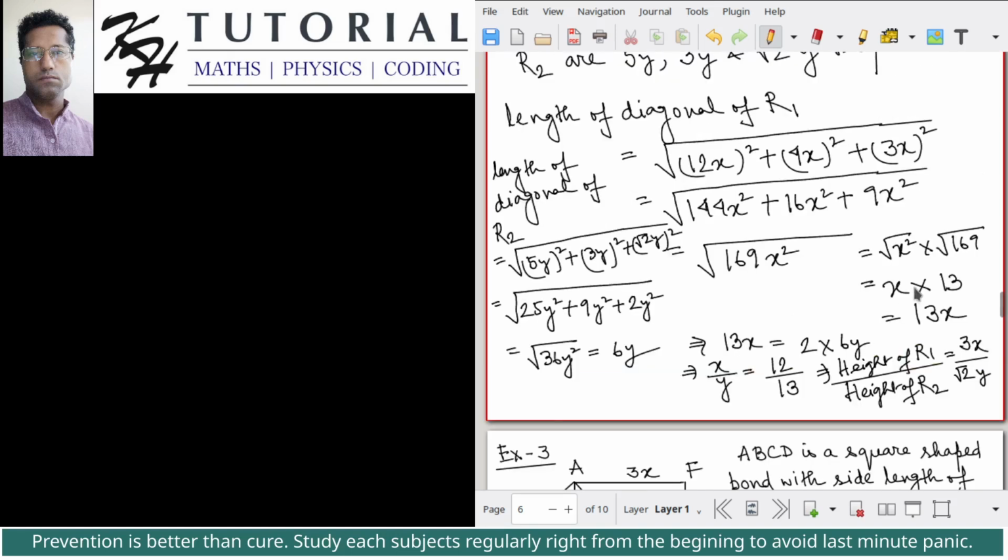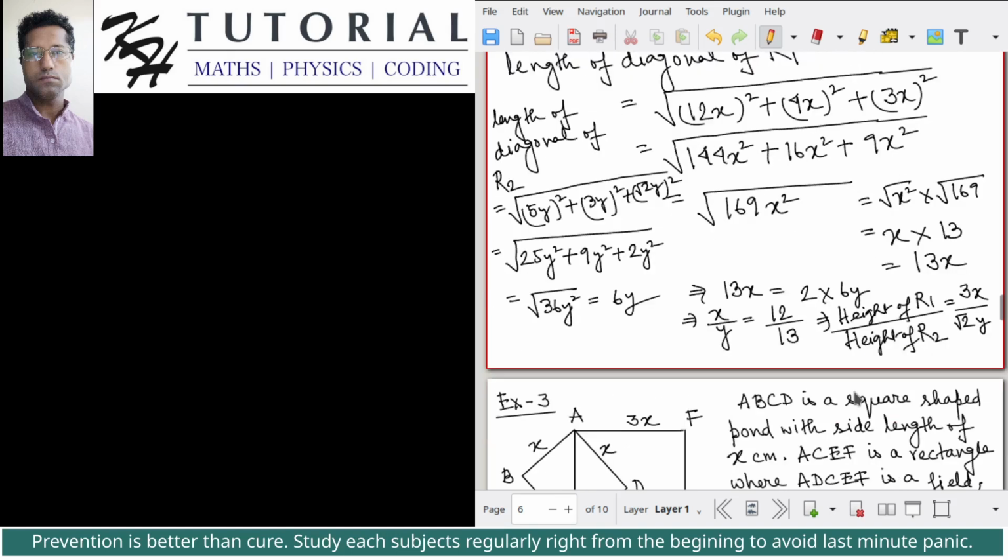So I have no space left. So this is equal to 3 divided by square root of 2 multiplied by x by y.